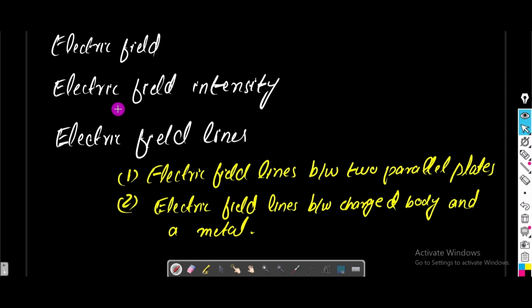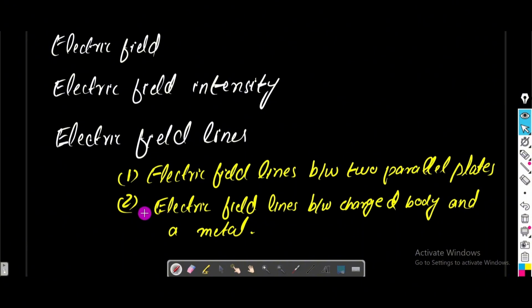Today we will discuss these three topics. First is the electric field, the second one is the electric field intensity, and the third topic we will discuss in this video is electric field lines. Similarly, we will focus on the electric field lines between two long parallel plates, just like in a capacitor and in batteries.